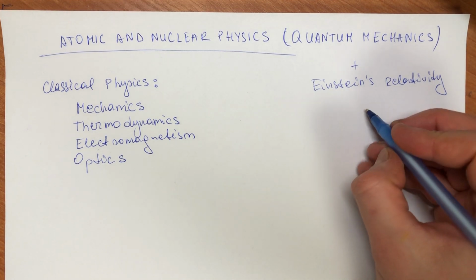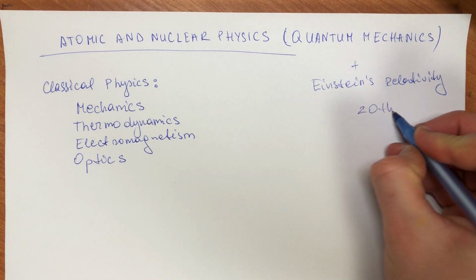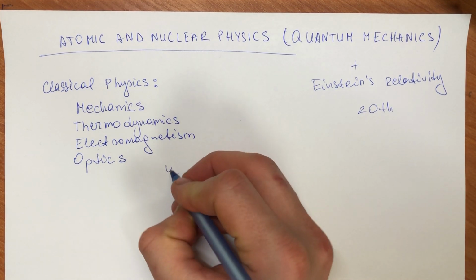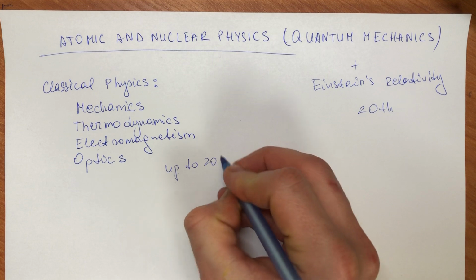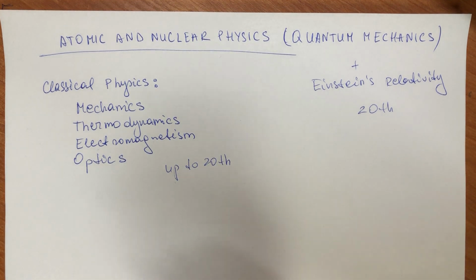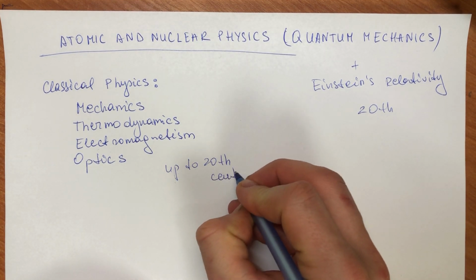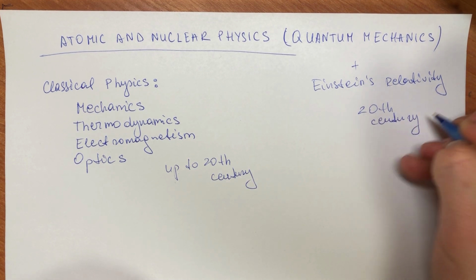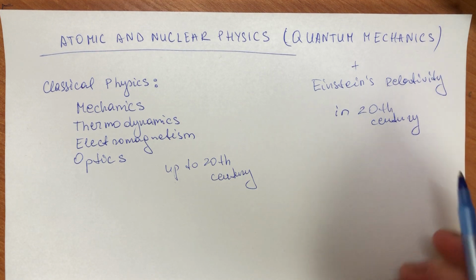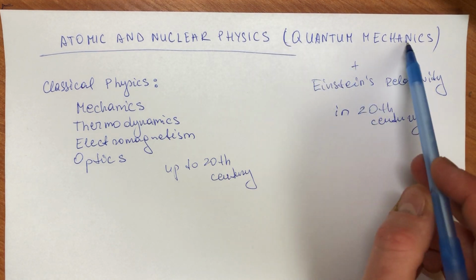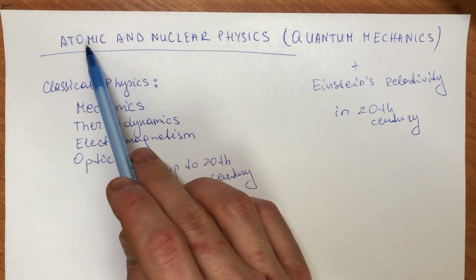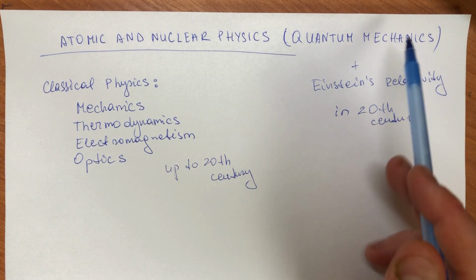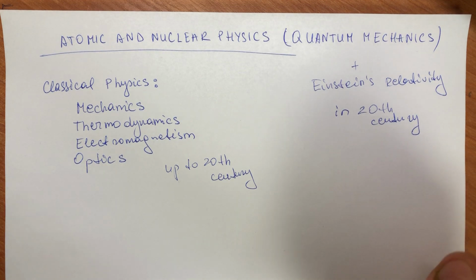So they were developed in the 20th century. So quantum mechanics, this means atomic and nuclear physics plus Einstein's theory of relativity, in the 20th century, and this refers to modern physics.